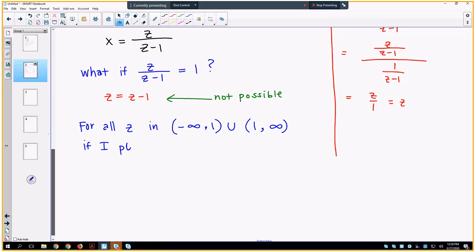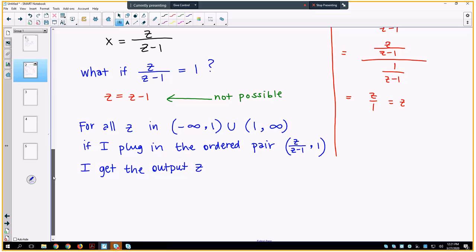if I plug in the ordered pair z over z minus 1, comma 1, then I get the output z.